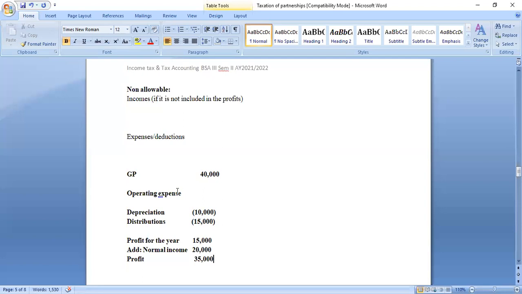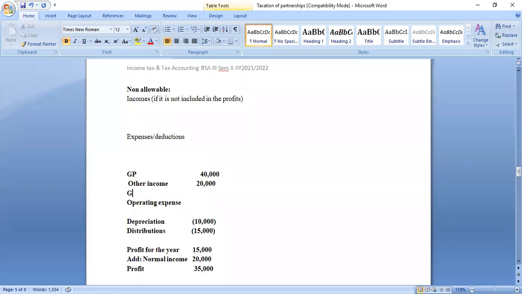So instead of dropping down this whole thing, removing and beginning afresh, saying gross profit, then including the income, let's say it was other income, and you bring the 20,000 so that you now have gross income of 60,000, from which you will deduct the expenses to end up with the profit of 35.